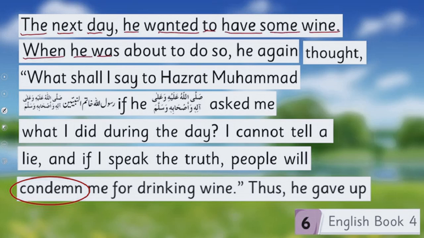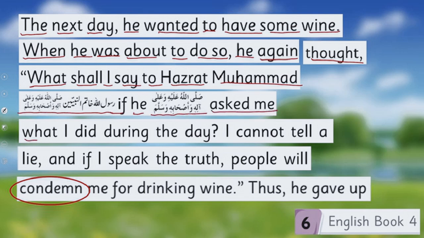When he was about to do so, he again thought, what shall I say to Hazrat Muhammad Rasulullah Khatimul Nabiyyin sallallahu alayhi wa alihi wa sallam if he asked me what I did during the day? I cannot tell a lie, and if I speak the truth, people will condemn me for drinking wine.